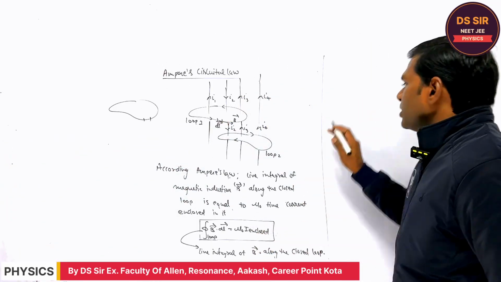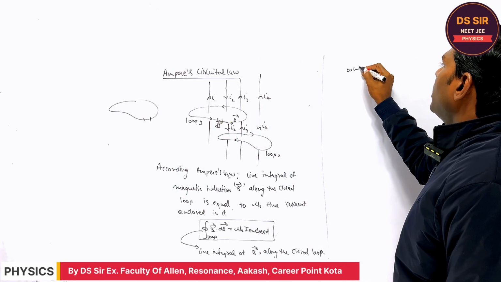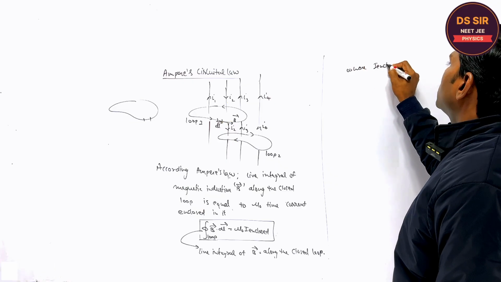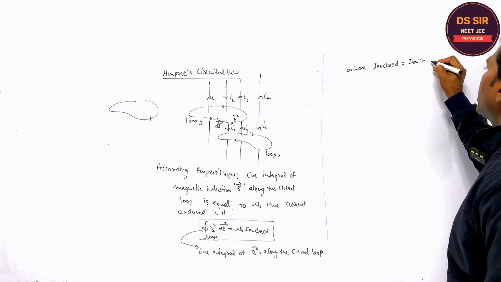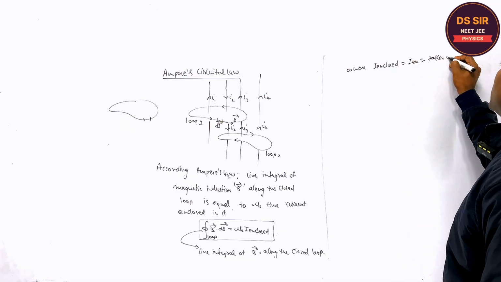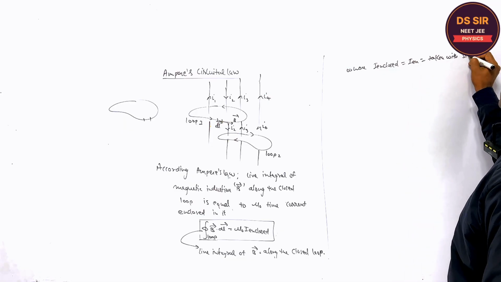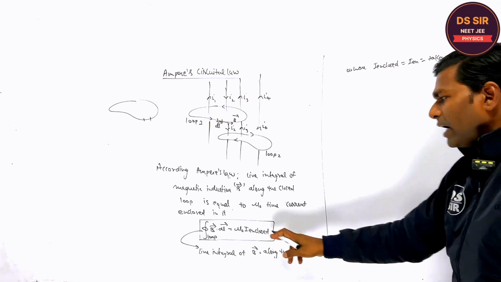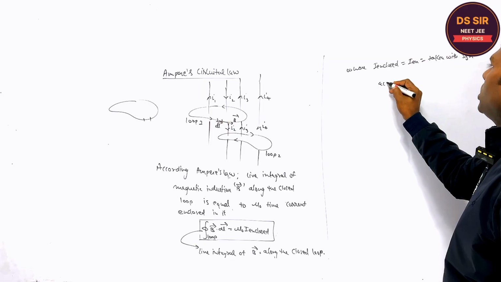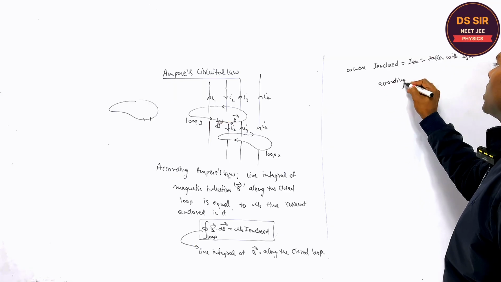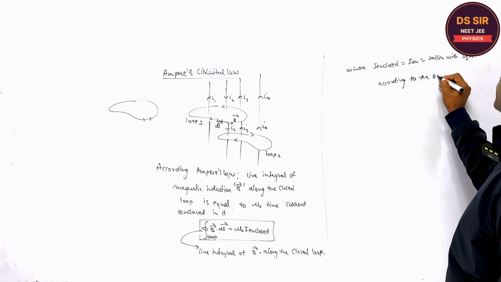In this case, the I enclosed is taken with a sign, either positive or negative, according to the orientation of the loop.